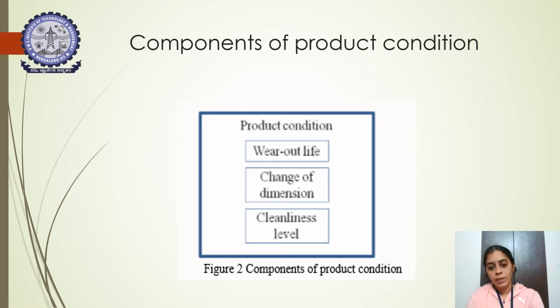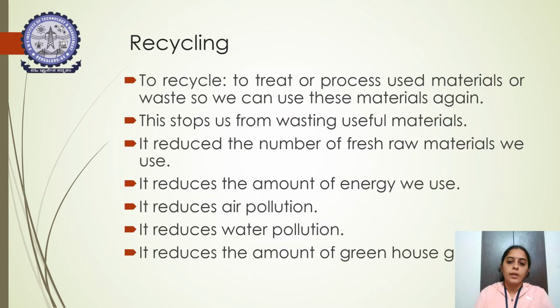What about the cleanliness and the maintenance level of the component or part? All these will also be considered in the condition of the product, along with the other parts I told you about while explaining the diagram. So this is about the condition.